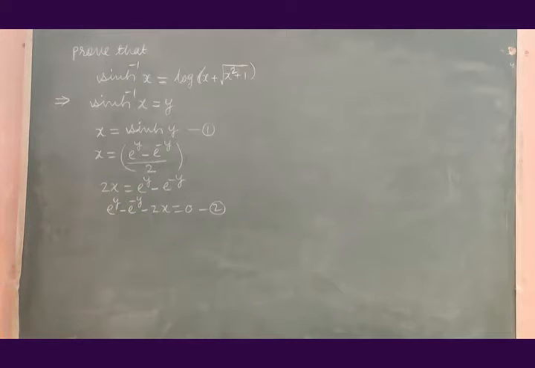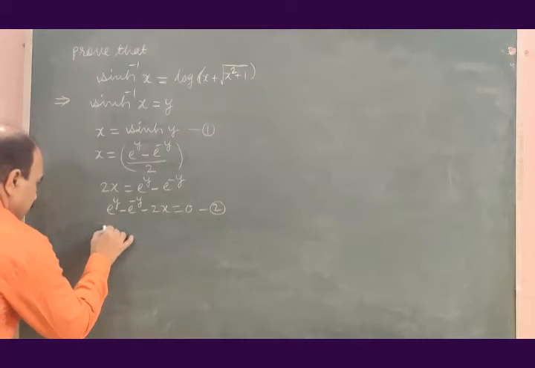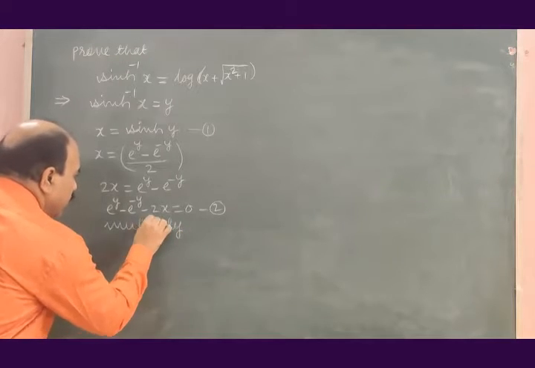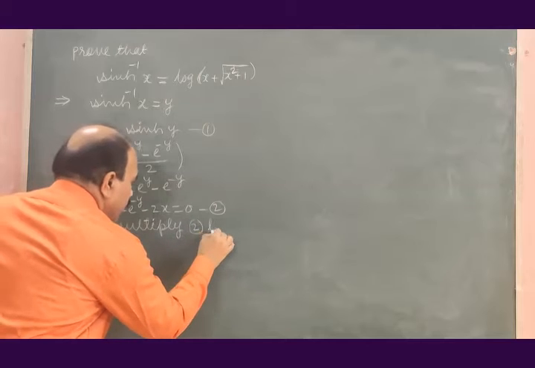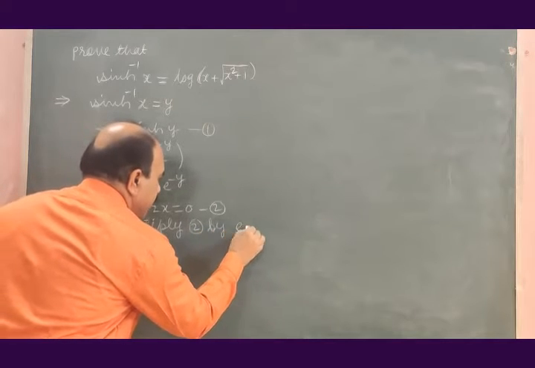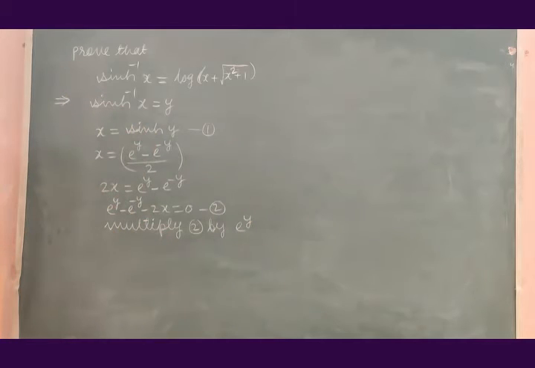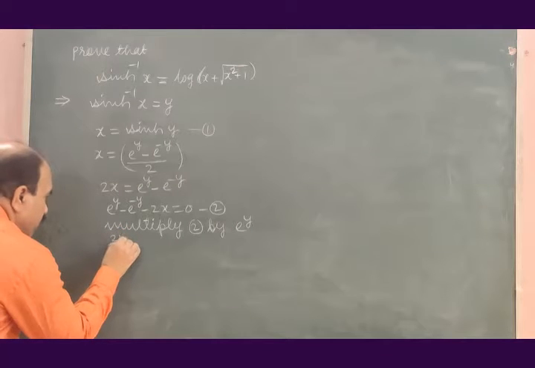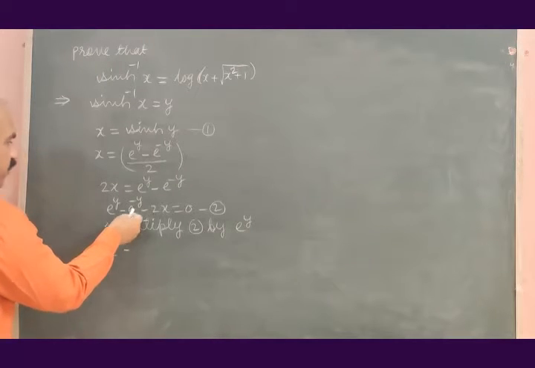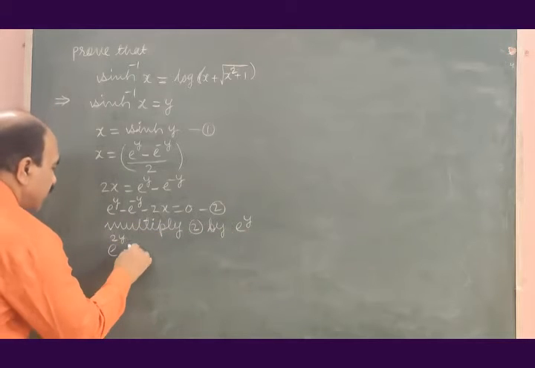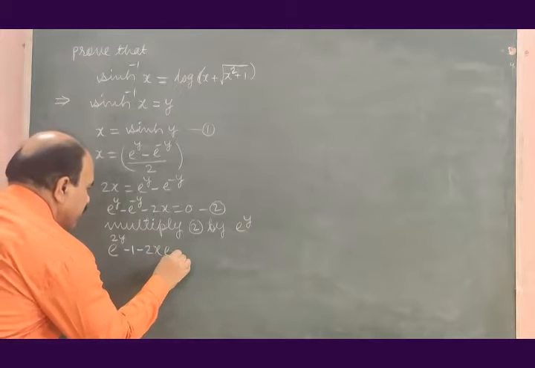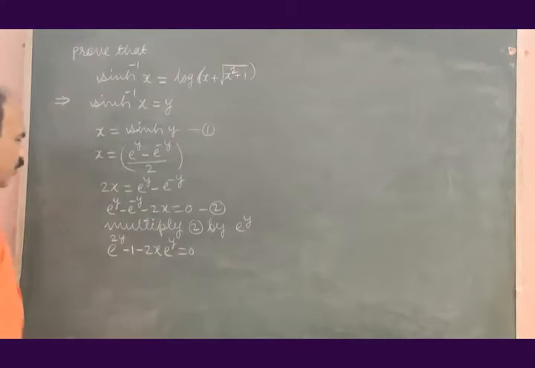Multiply equation 2 on both sides by e to the power y, so that we will get e to the power 2y minus e to the power minus y into e to the power y, which will be 1, minus 2x e to the power y is equal to 0.